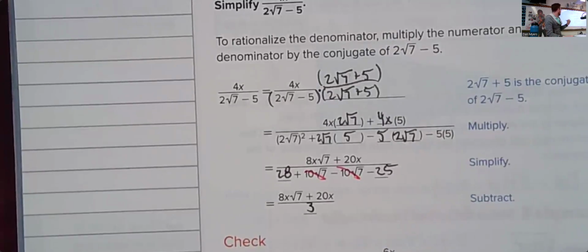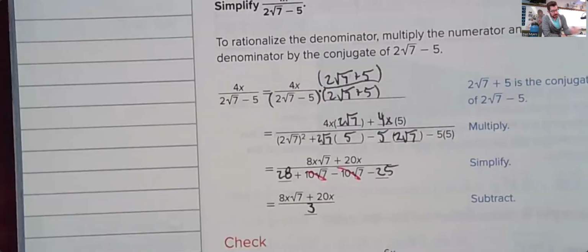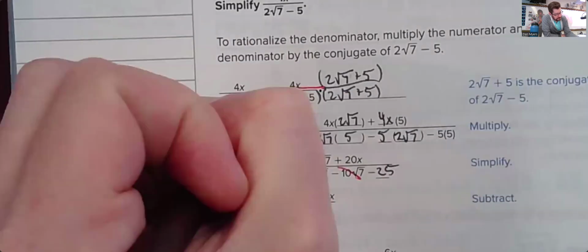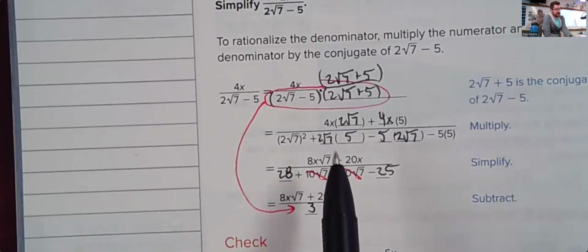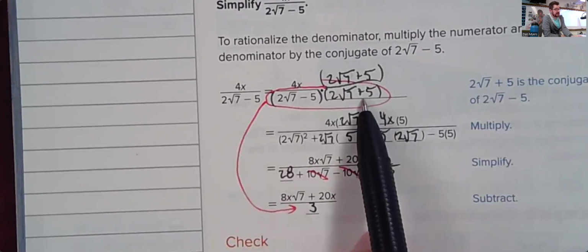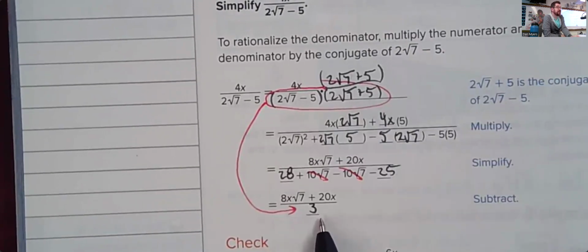So here's the thing. With the denominator, you could go from here straight to there. You can go from multiplying the conjugates straight to the end of the denominator, if you remember how to use a difference of squares.